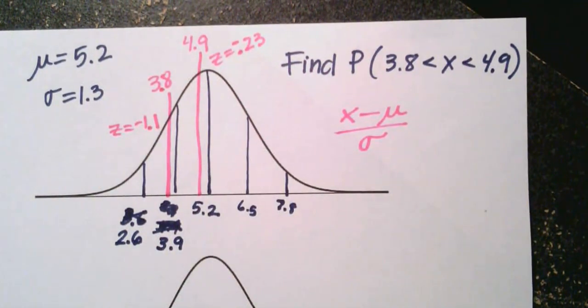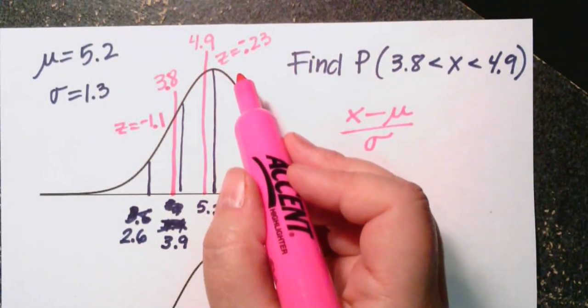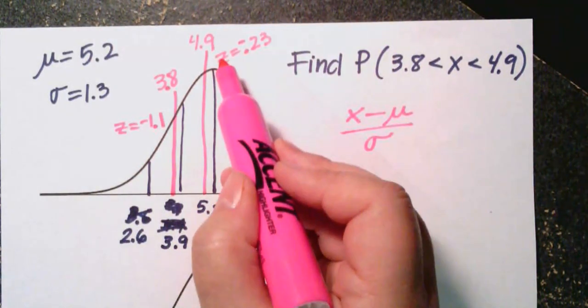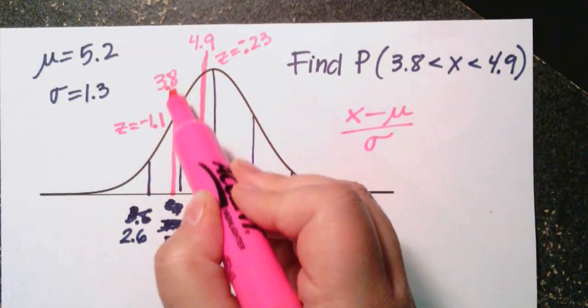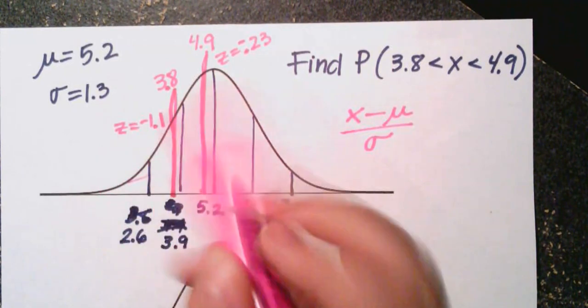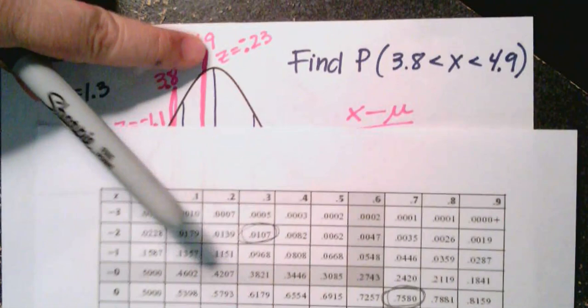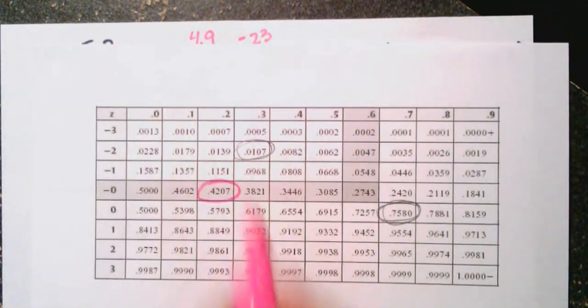Okay, so what I'm going to do is find on the table the probability of any point being to the left of this z-score. Then I will find the probability of being to the left of this z-score and subtract that part. So negative 0.23, that's about negative 0.2, which is right here.